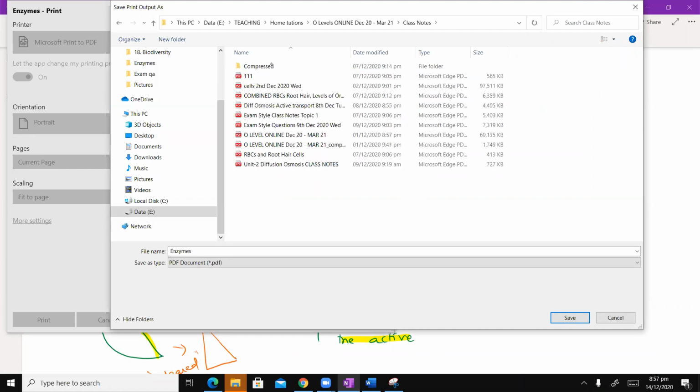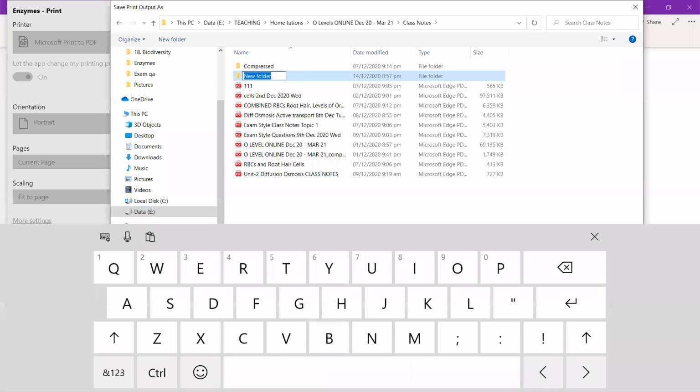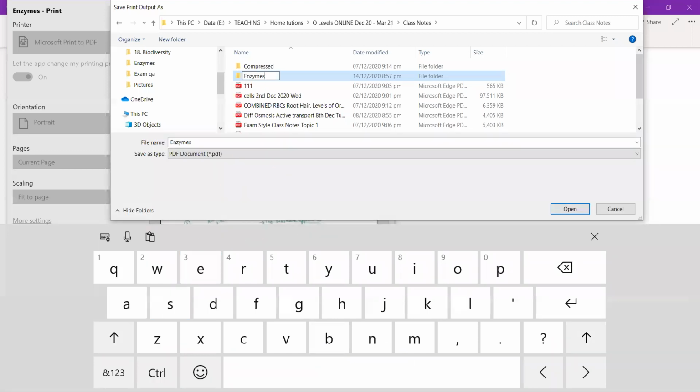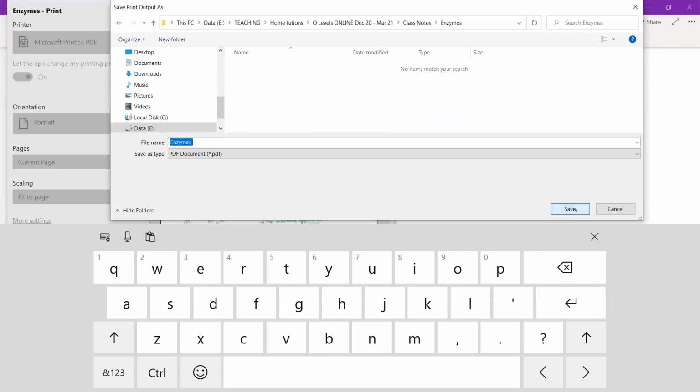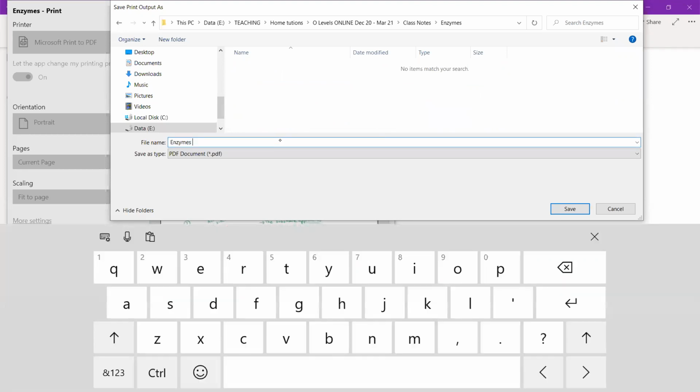Make sure that when you come tomorrow in the lesson, you have revised all of the stuff that we have done today, because only then will doing the past papers be an effective activity. I plan to spend the entire lesson tomorrow doing past papers for this particular topic, enzymes. So please make sure you look at past papers.